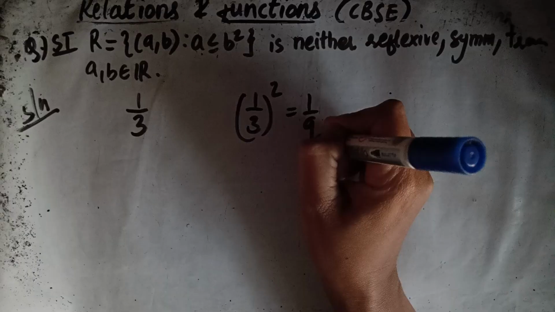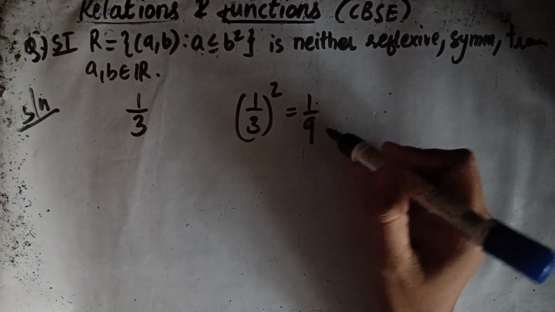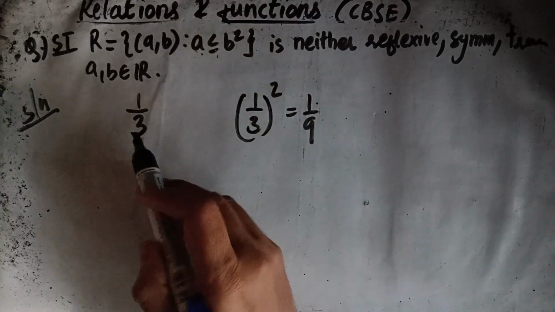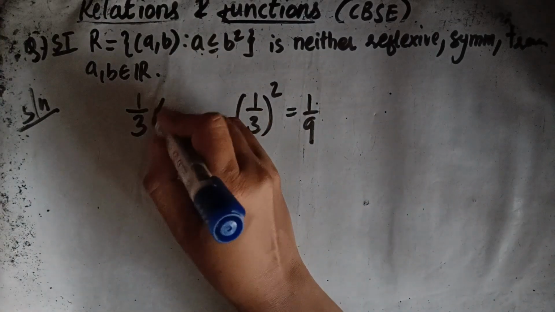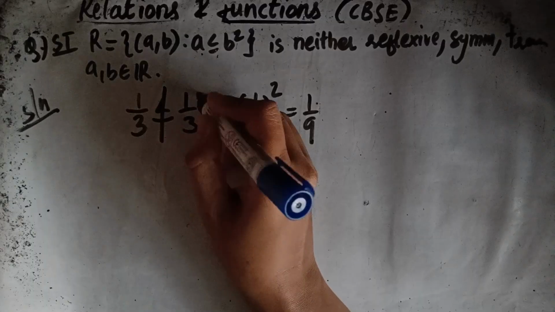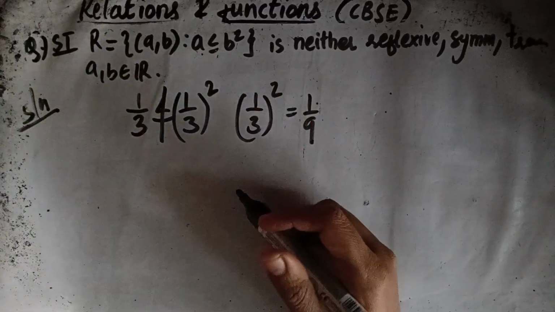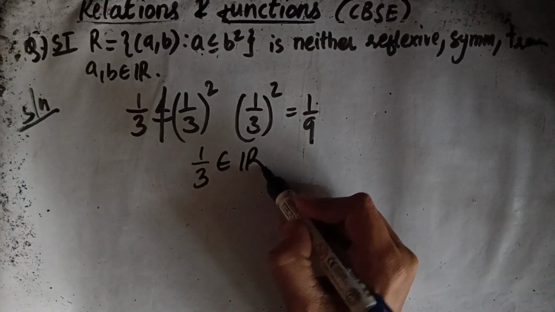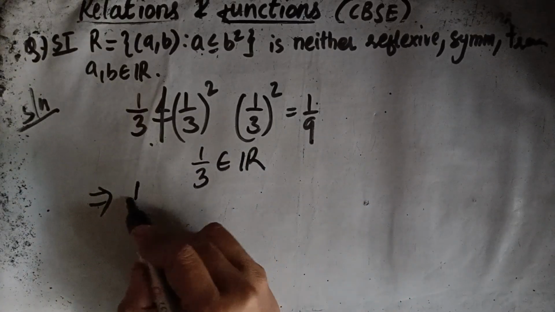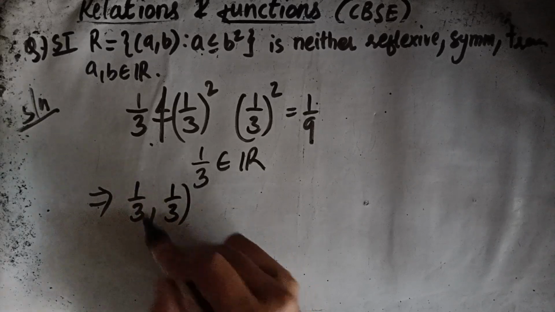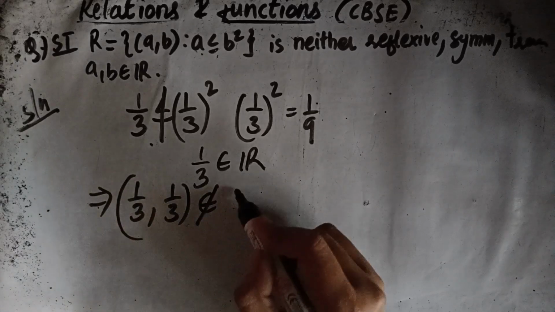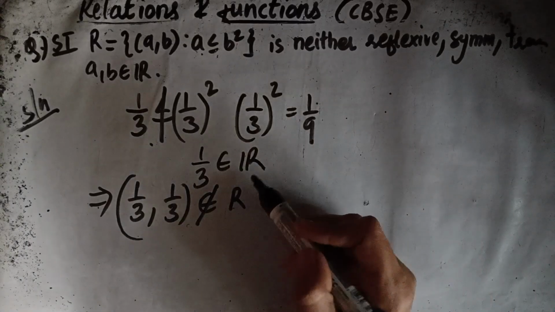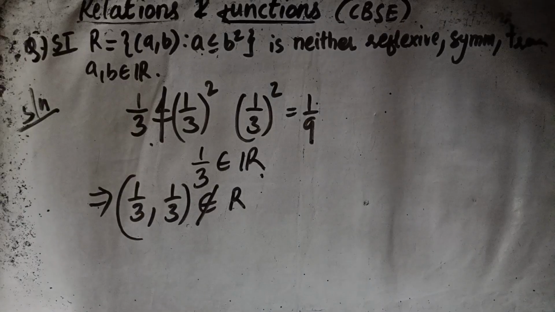It is 1 by 9, and the denominator is greater than the numerator, so obviously this number is less than this number. So this is not true for 1 by 3, and 1 by 3 belongs to the set of real numbers. So this implies that (1/3, 1/3) does not belong to the relation set, as 1 by 3 is from real numbers.